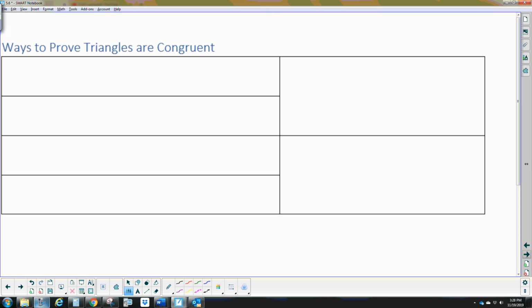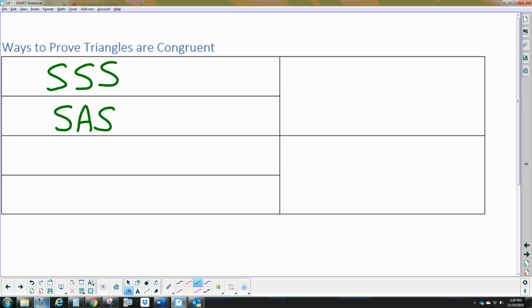Okay, so far we've looked at 4 different ways where we can show triangles are congruent. So some ways that work from 5.5 are side, side, side, and side, angle, side.